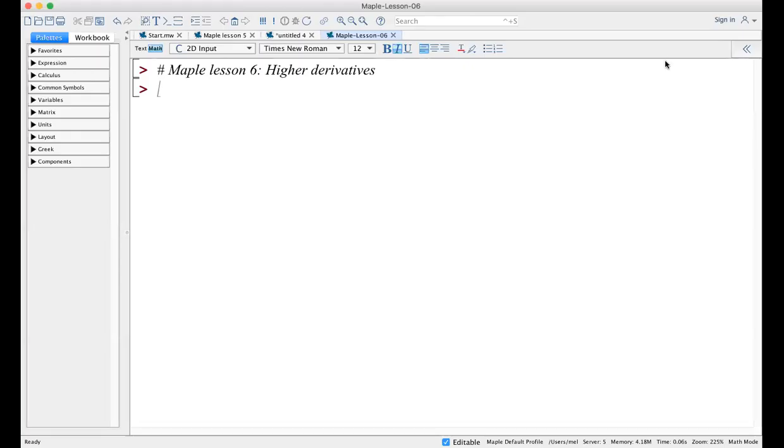Okay, this is Maple, and we are doing derivatives and higher derivatives. So let's start with defining a function.